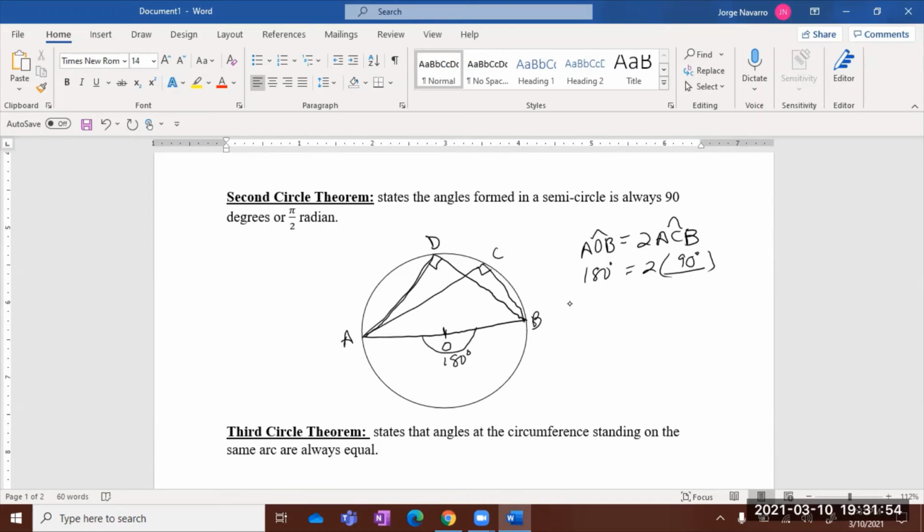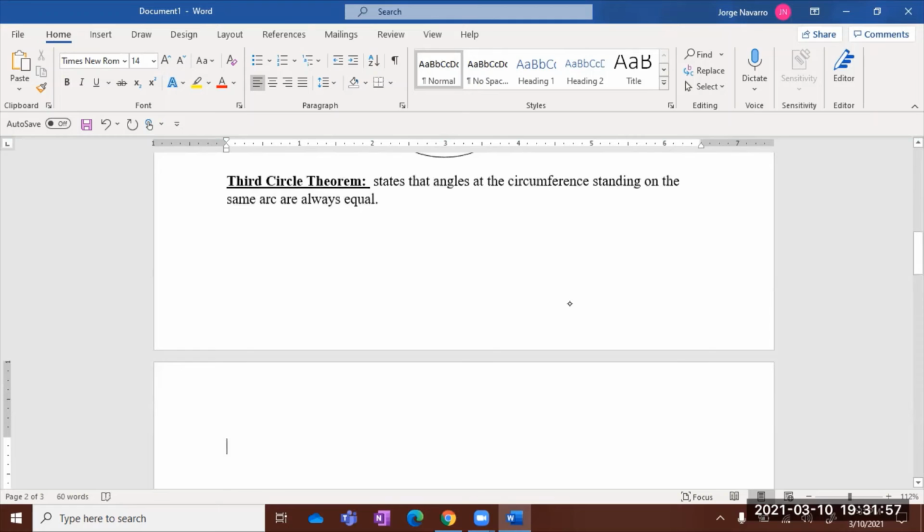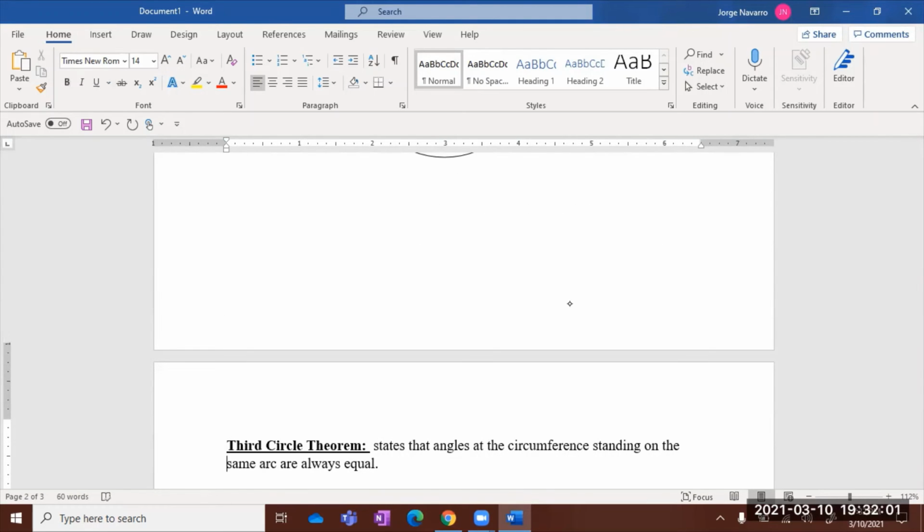Always equal. All right? They're always equal. So let me bring this down.